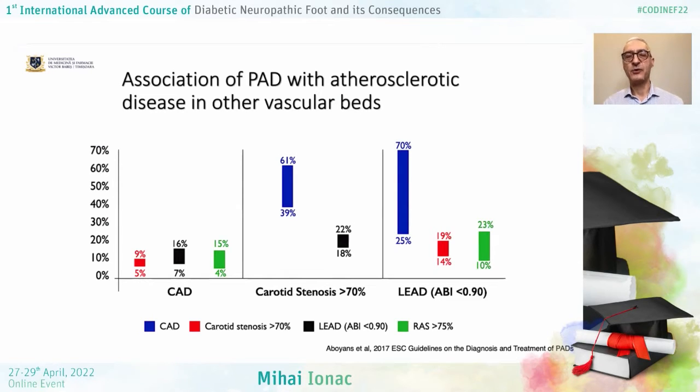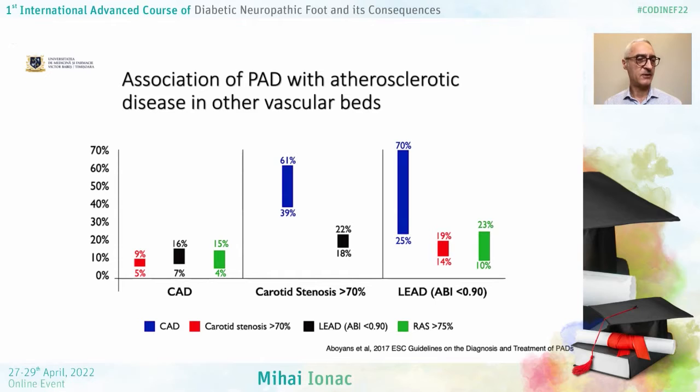What is very important is that when we find a patient with peripheral arterial disease, that patient has a high possibility of having atherosclerotic disease in other territories.